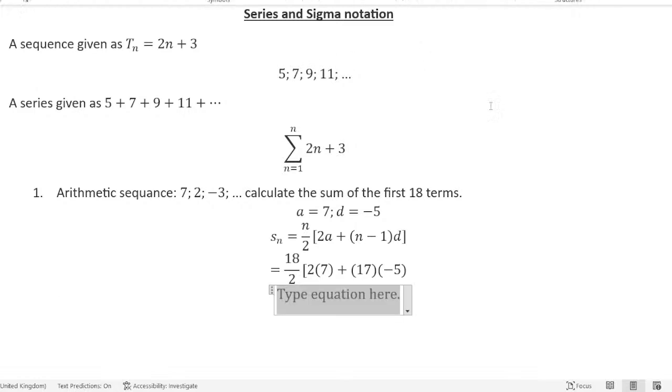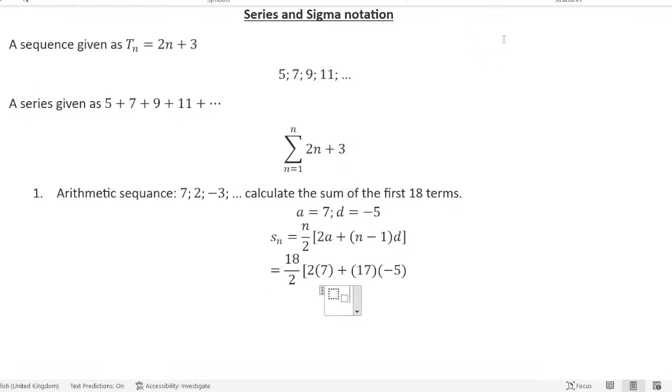Then you just use your calculator to get the answer. So Sn, the sum of the series, will be equal to, if you use a calculator, negative 639.